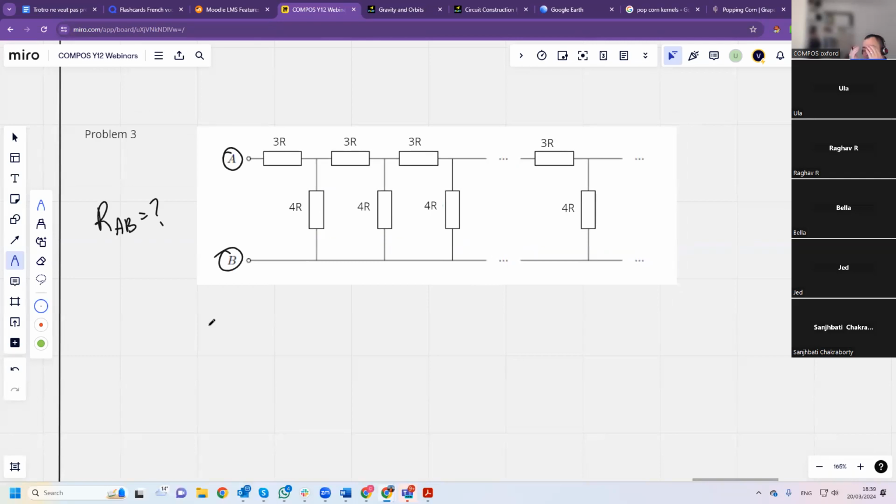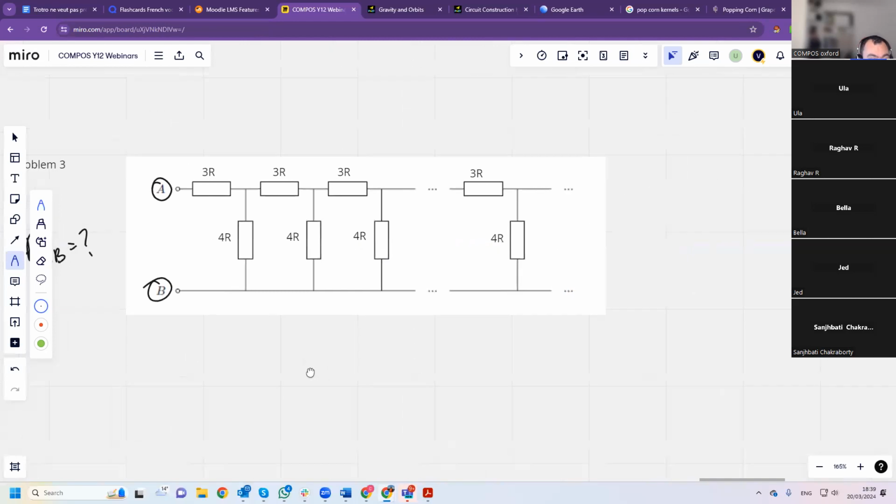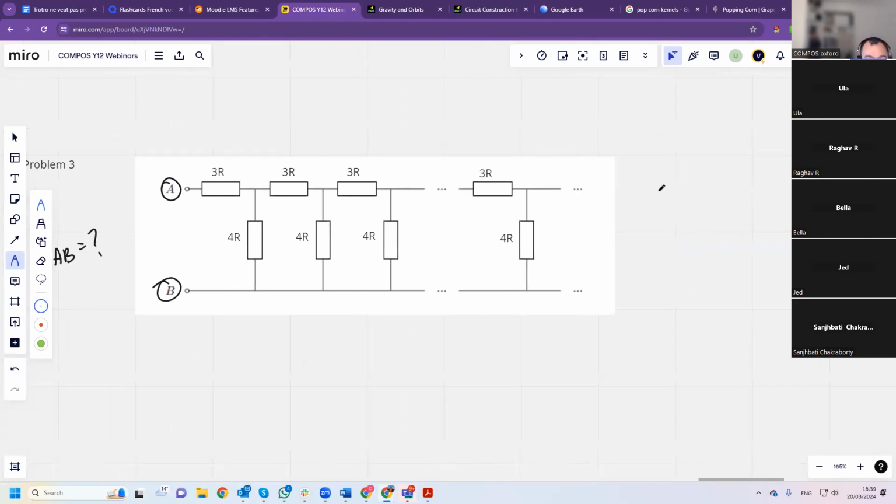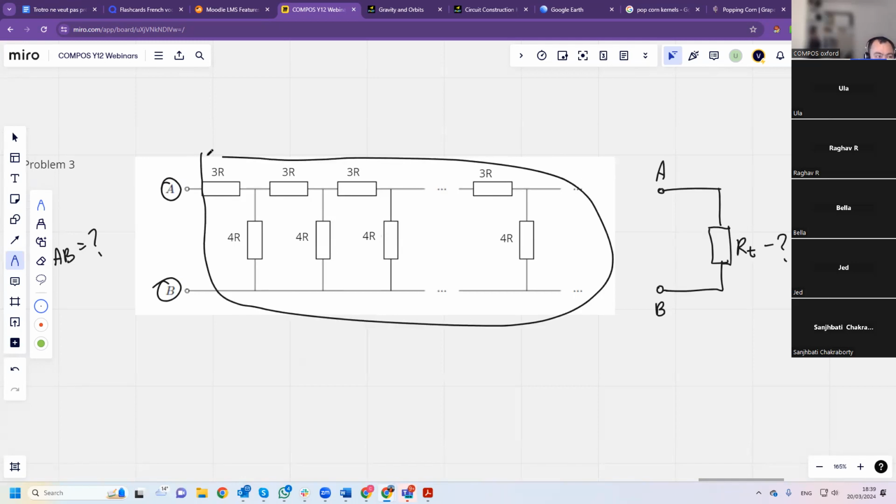Okay, so basically, what we want to know is, if this is A and this is B, what is the single resistor, let's call it RT, that we can replace the whole system with? Yeah, nobody likes infinite resistors, right?